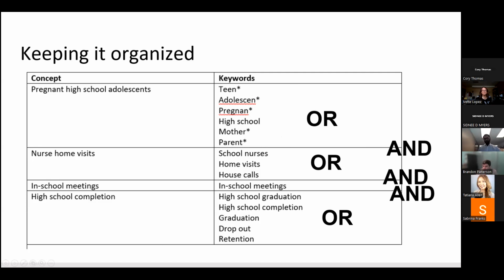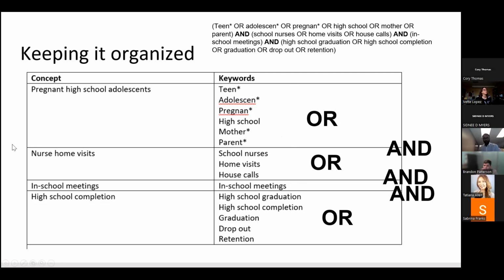That's one bucket. And school nurses or home visits or house calls, and in-school meetings. So you can kind of see what I'm getting at now, and this would be what you get. So you get teen or adolescents, so you can see where the ands fall in.